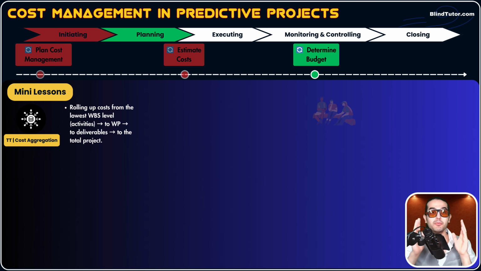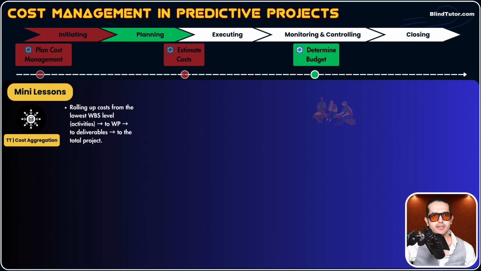When we roll up the costs of control accounts, we can get the cost of the high-level deliverables. Now, when we add up the cost of all high-level deliverables, we can get to the project budget, the whole cost of our project. This is exactly how we apply cost aggregation, or rolling up costs.